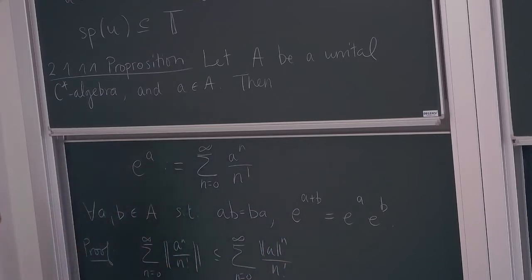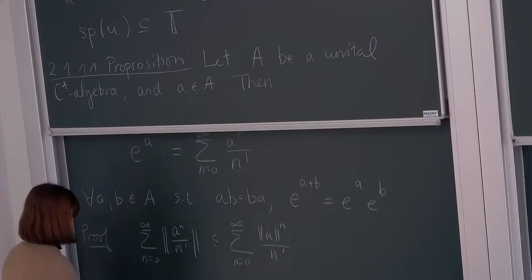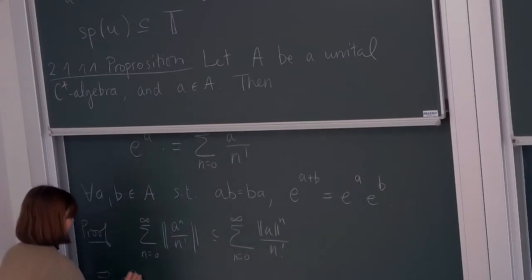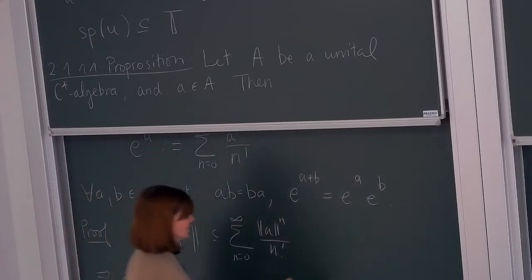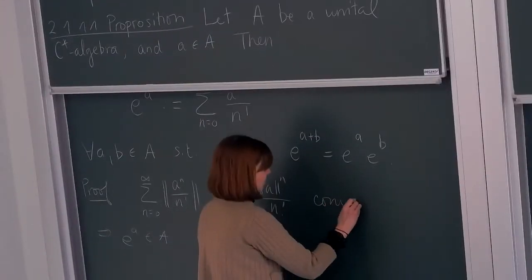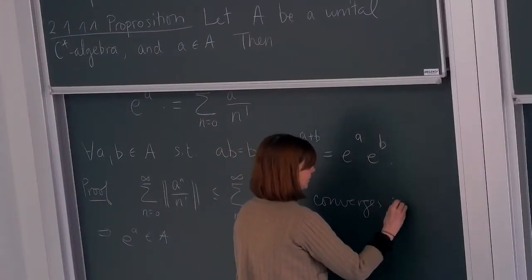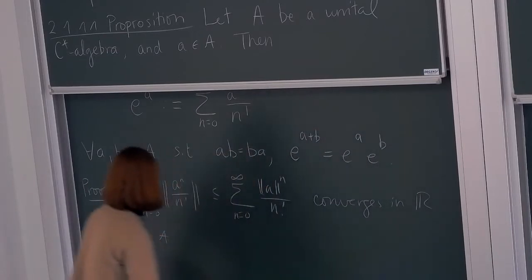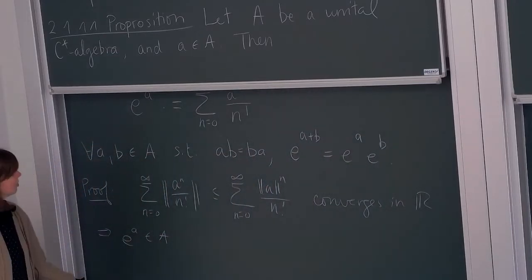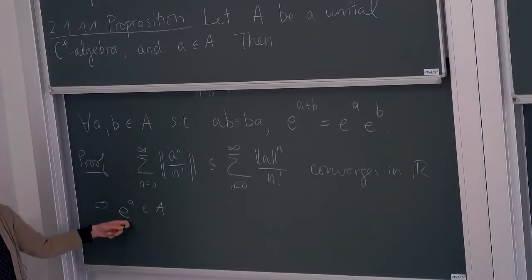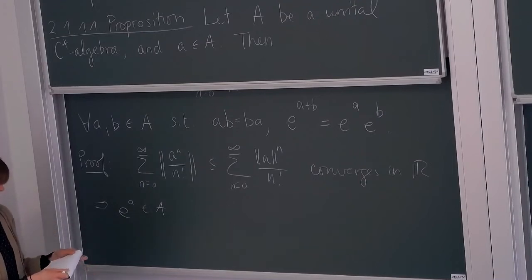This will converge in R, so indeed this e to the A will be in the algebra. Since our C-star algebra is assumed to be complete, this limit will also be in our C-star algebra.